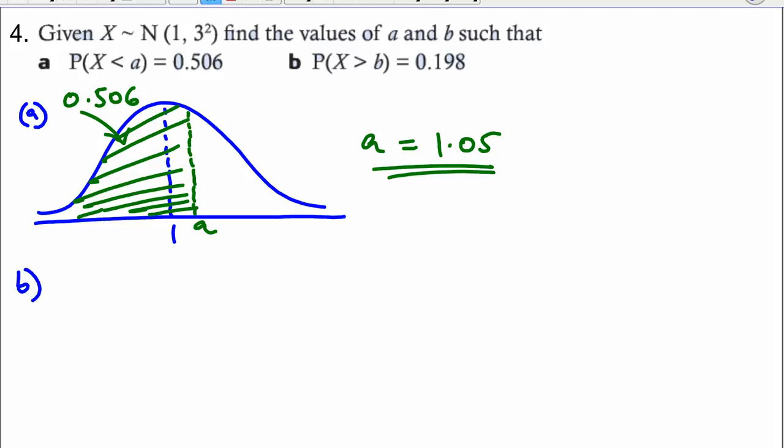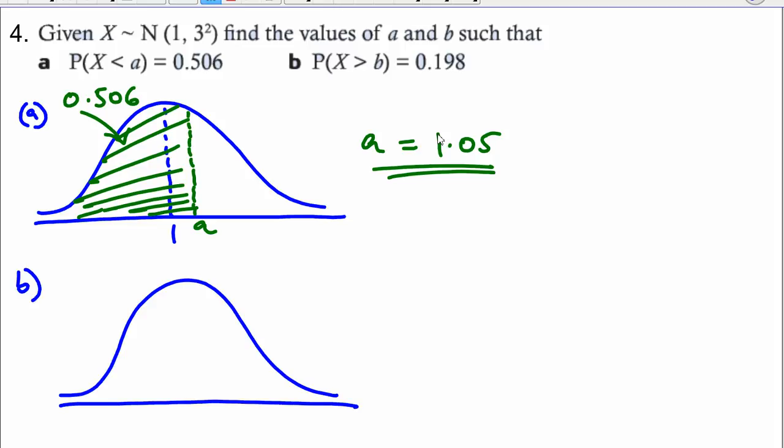Okay. I'll do the same thing for B. So sketch it. It's just a sketch, right? After the sketch, of course, the mean is the same, so my mean is 1. I'm given the probability to the right of B, call it the upper tail.